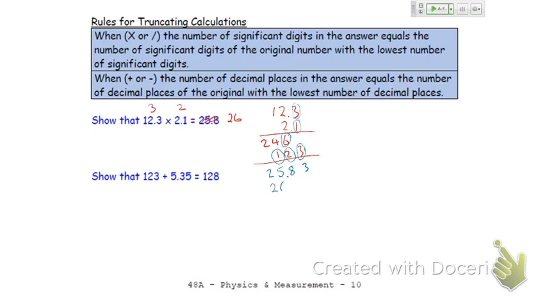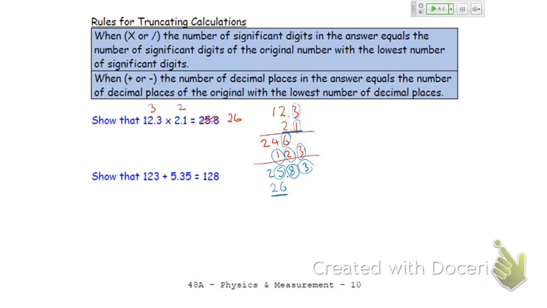I round my 8 to a 6, and there's my answer, because that's an uncertain 3, that's an uncertain 8, that's an uncertain 5, and I'm only allowed one uncertain digit. So that's the logic behind it. What you realize is that my answer always has the same number of significant digits as the worst of my original measurements. That's the logic, but that's how you remember it.